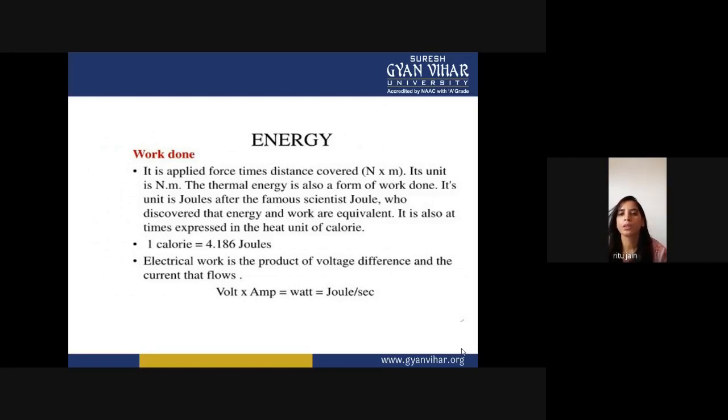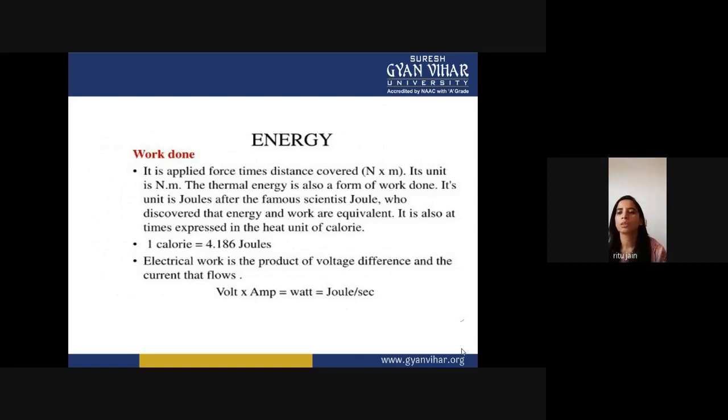Its unit is Newton into meter, and thermal energy is also a form of work done. Its unit is joule, after the famous scientist Joule, who discovered that energy and work are equivalent. It is also at times expressed in the heat unit of calories. So 1 calorie is equal to 4.186 joule.